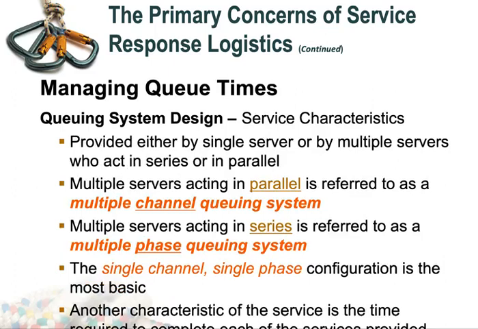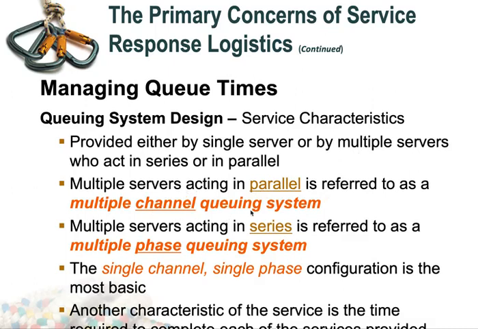And in queuing system design, the service characteristic is provided either by a single server or multiple servers who act in series or parallel. For example, in a banking system, I think no bank has only one teller, right? Usually they have multiple tellers or multiple servers, and multiple servers acting in parallel is referred to as a multiple channel queuing system.